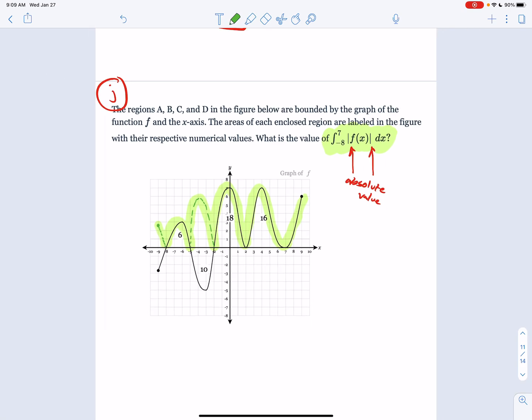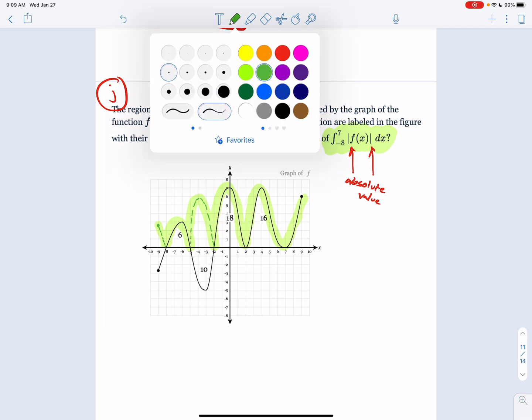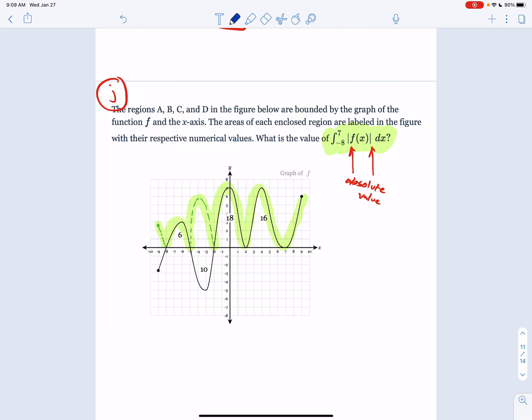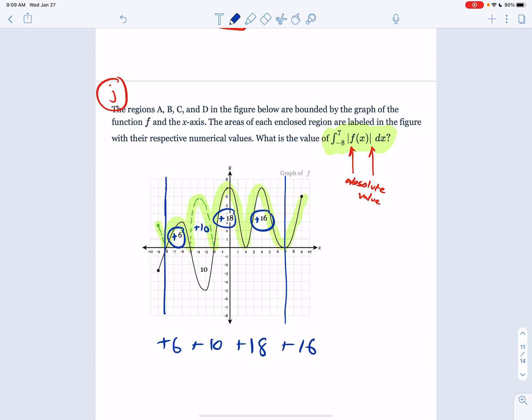We're finding the area from -8 all the way to +7. So that's going to be +6, +10, +18, +16. If you notice, there's not a lot of work to be shown. It's just a lot of analysis here. Whatever that comes out to.